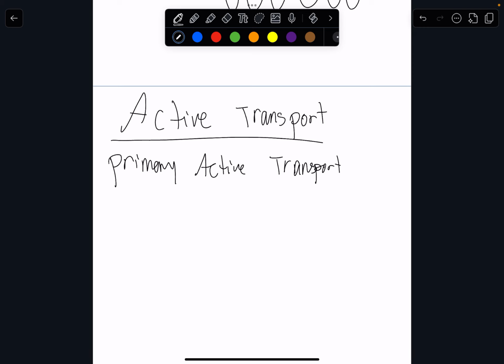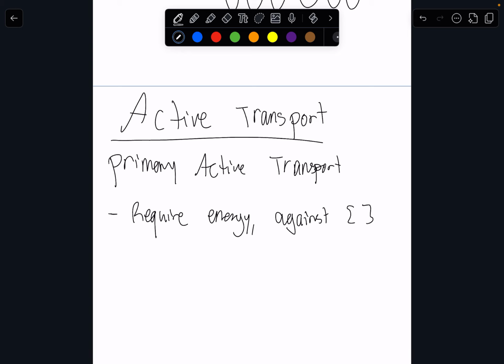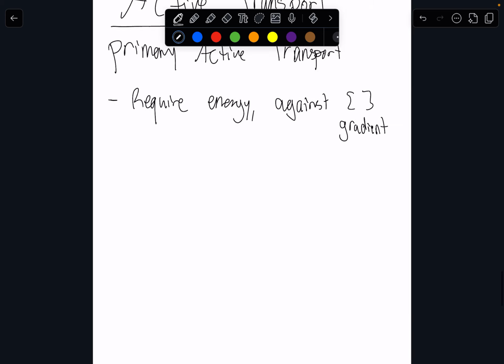The main thing with primary active transport is that it does require energy because it is moving the solutes against their concentration gradient.